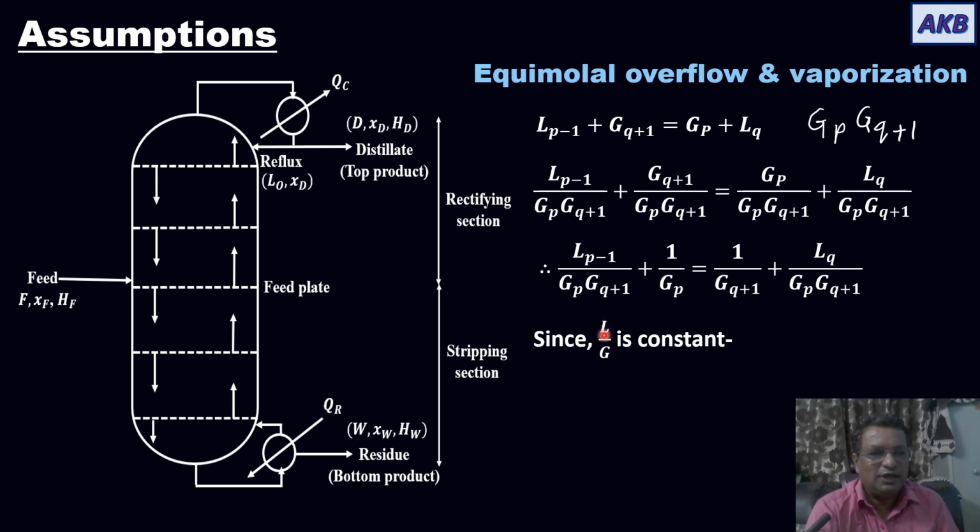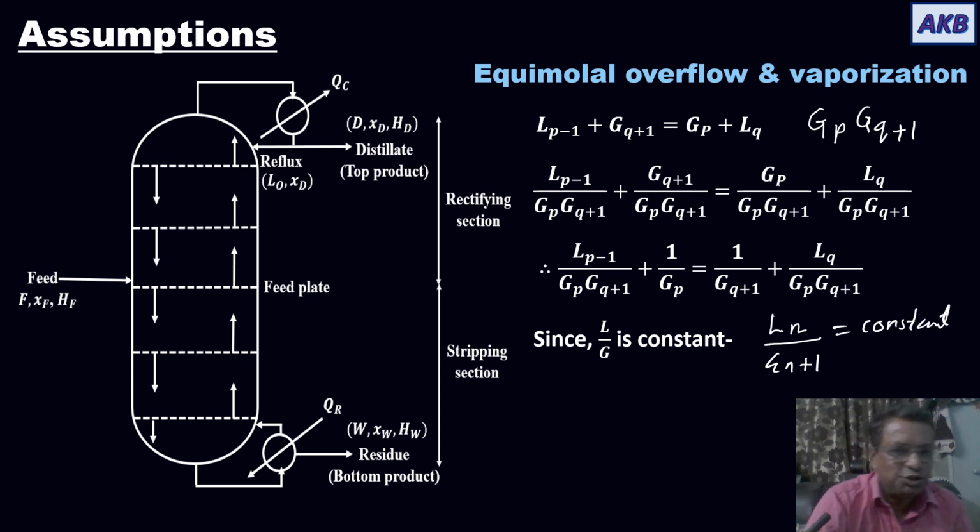So if L by G is constant, that means LP minus 1 upon GP, actually we had got this thing in our discussion. We had understood Ln upon Gn plus 1 is constant, so that was our conclusion.